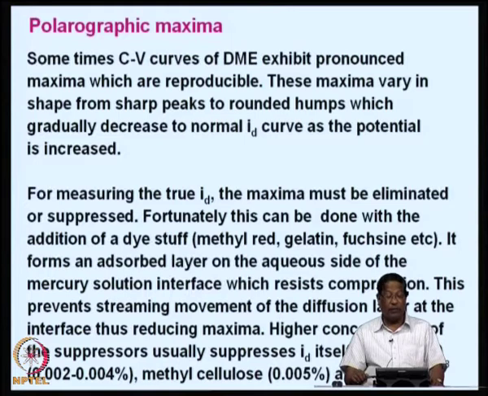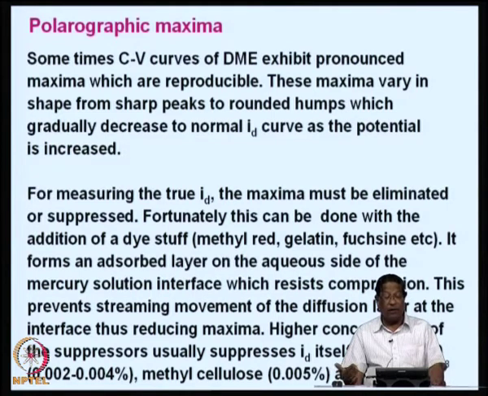This prevents streaming movement of the diffusion layer at the interface, thus reducing the maxima. So, maxima can be reduced either by using methyl red or gelatin or fuchsine, etc. These are organic dyes, and they can reduce the maxima, and you can do your normal operation of the polarogram determination.